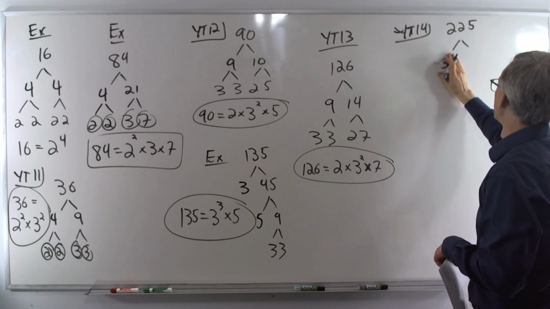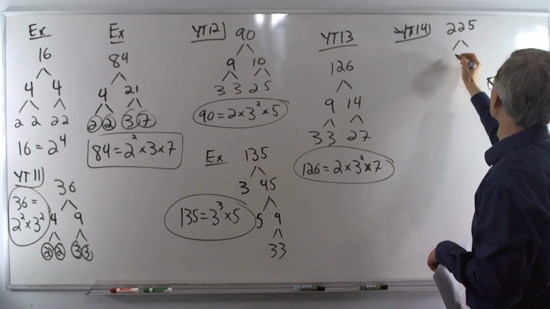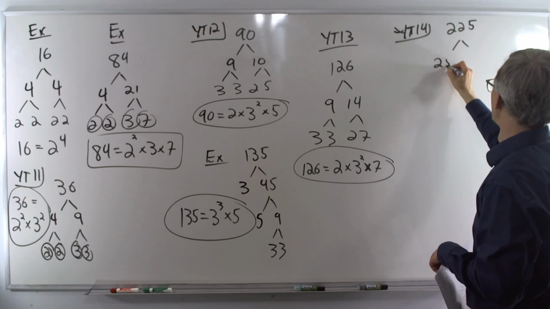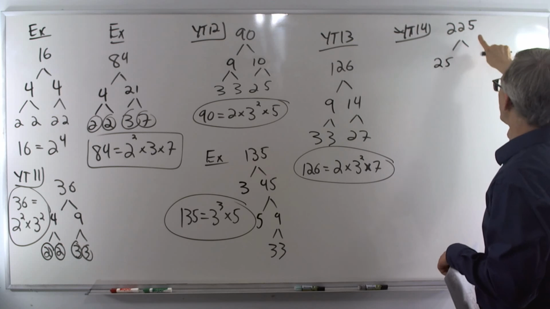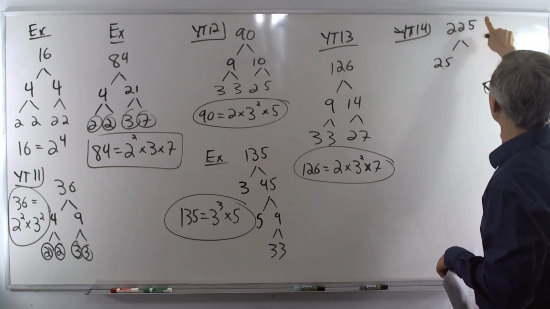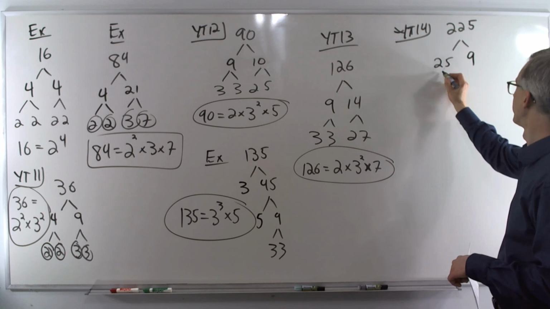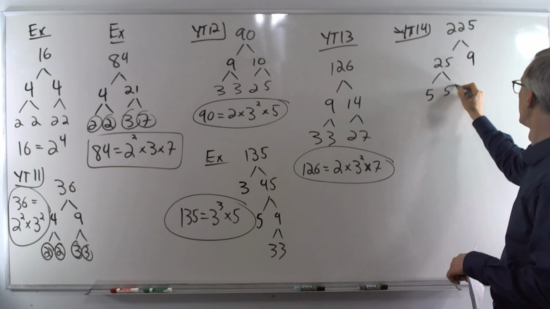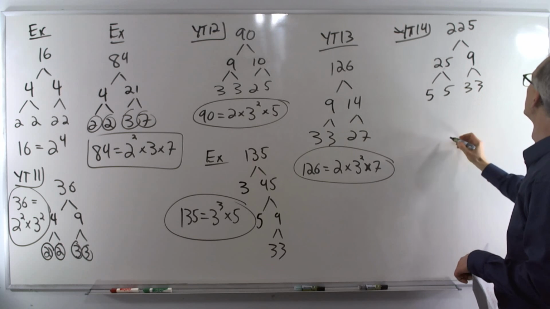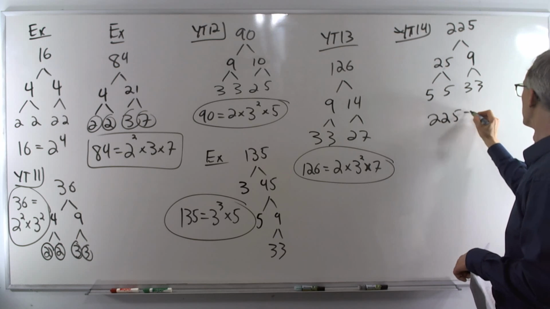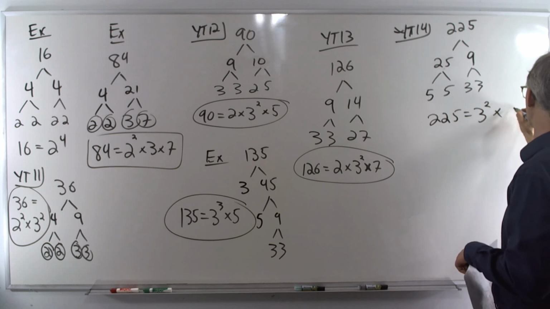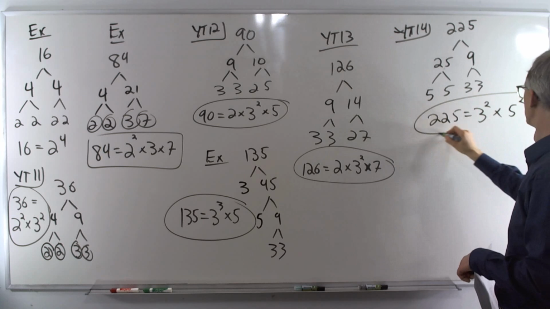Actually, no, maybe I'll do 25. That'll be easier, because this is going to be divisible by 25. So we got 4 25s in each 100, so there's 8 in 200, and then 1 left over, so that is 25 times 9. Now 25 breaks up into 5 times 5, and 9 into 3 times 3. That means 225 equals 3 squared times 5 squared.